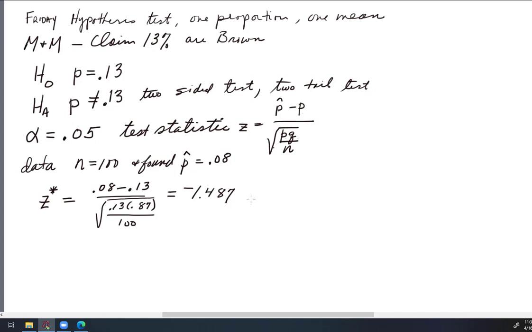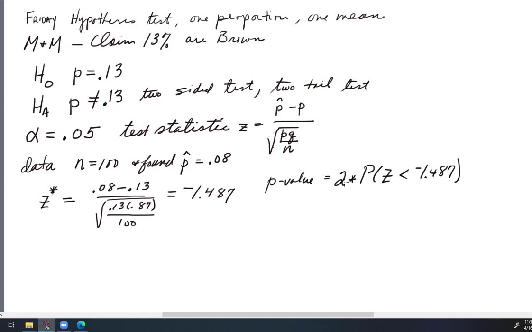In this case, since you see this is negative, or you see that p hat is less than p, I would calculate the p-value as 2 times the probability that Z is less than Z star, negative 1.487. I'm multiplying the probability by 2 because it's a two-sided test. We'll use Minitab to find out what that probability is. But why is it 2 times?